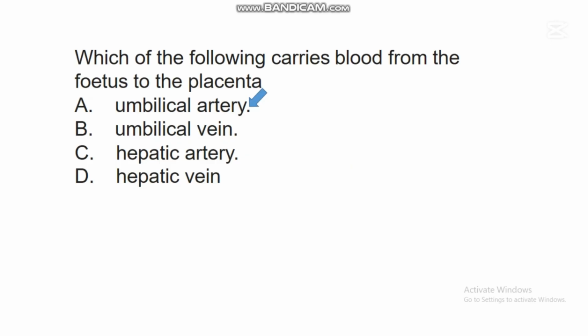This blood vessel known as umbilical artery carries blood from the fetus to the placenta, and studies have shown that the fetus also removes waste products of body metabolism such as carbon dioxide, urea, etc. So all those waste materials are sent to the placenta through this blood vessel.